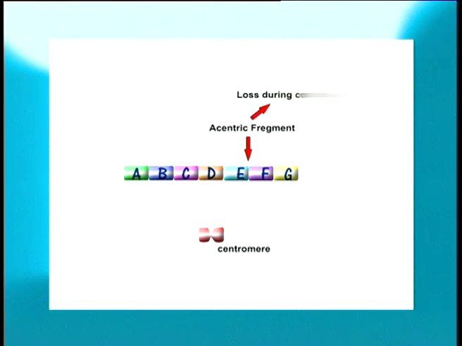Phenotypic effects of deletions depend on the size and location of the deleted sequence on the genome. For instance, a deletion that spans a centromere results in one acentric chromosome that will most likely be lost during cell division. Deletions can affect gene dosage and thus the resulting phenotype.